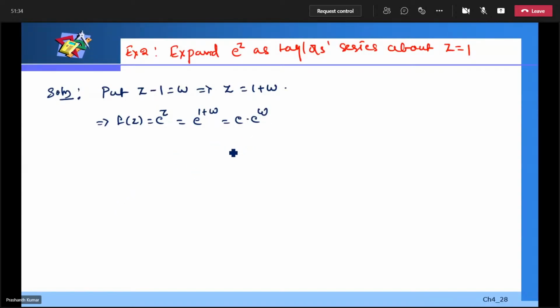But we know the Maclaurin series expansion for e to the power of z, by that one we write e into e to the power of w, we can write as e into 1 plus w plus w square by 2 factorial plus w cube by 3 factorial plus and so on, for every w.